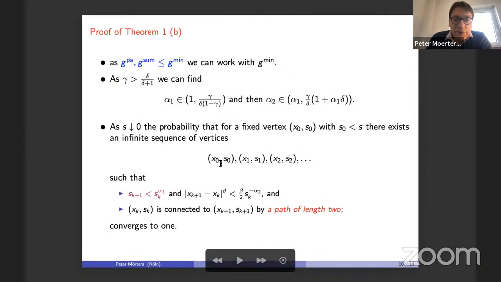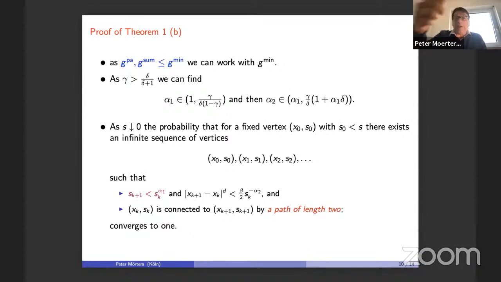Okay, so this is the sequence of vertices of increasingly high degree, and they are connected not directly, but by a path of length 2. So the vertex xk, sk is connected to xk plus 1. These are very special vertices with very high degree, and they're not directly connected, but they are connected via one other vertex.